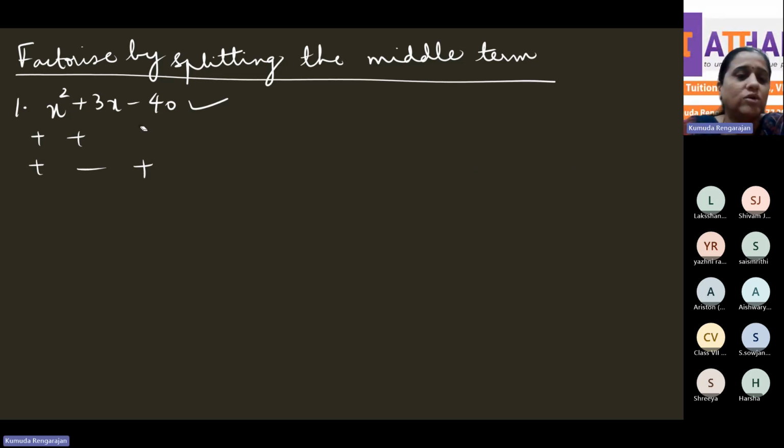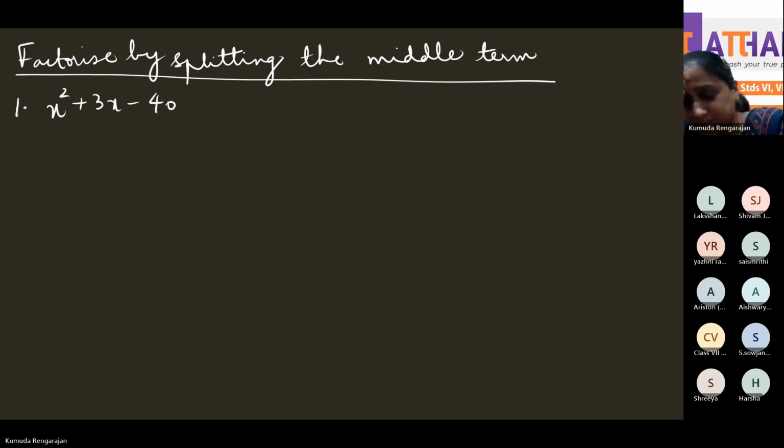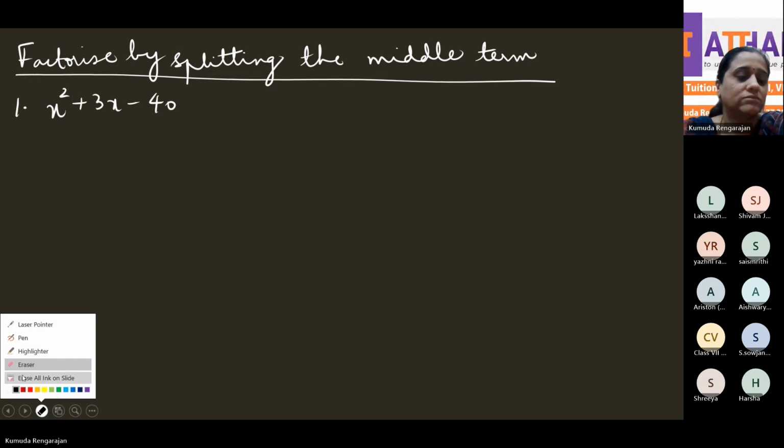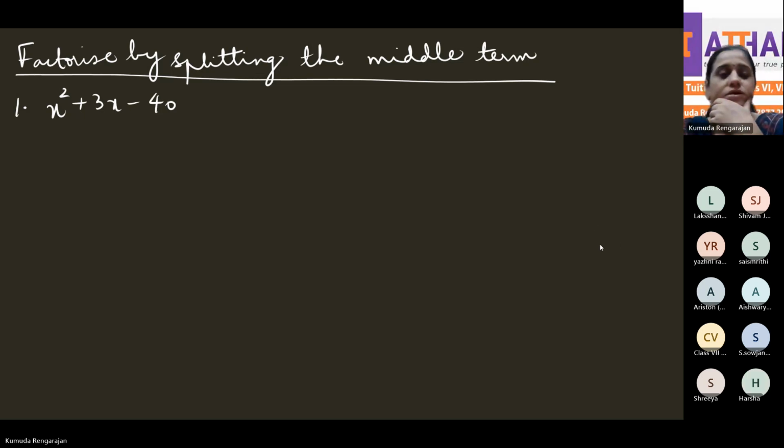So the given expression does not follow the a square, 2ab, b square pattern, because the signs don't match, and also the last term, 40, is not a perfect square. Am I clear, children?